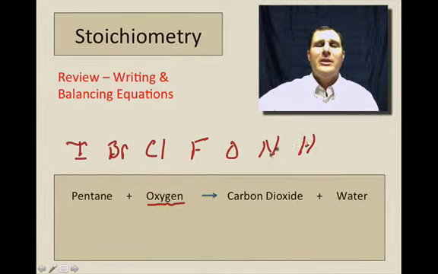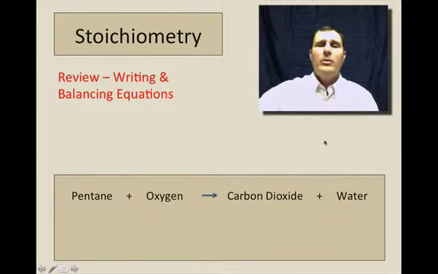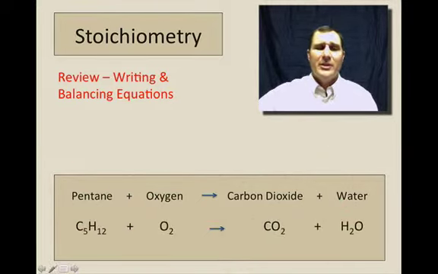There are the 7 diatomics, and anytime we see these elements written by themselves, there are going to be 2 of them. So oxygen we're going to have to show as O2. Carbon dioxide is a covalent, so there's 1 carbon and 2 oxygens, so CO2, and water we all know. So I'm going to write that equation, and it'll look something like this.